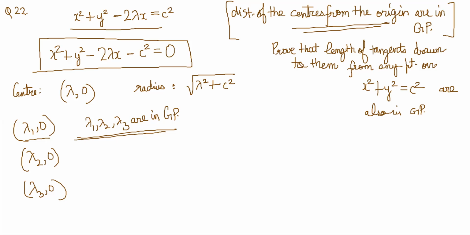Any point on this circle can be written as what? We have done parametric form last week. What is the general description of any point on that circle?